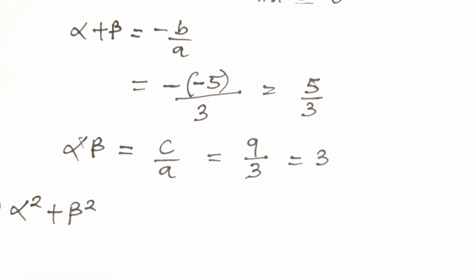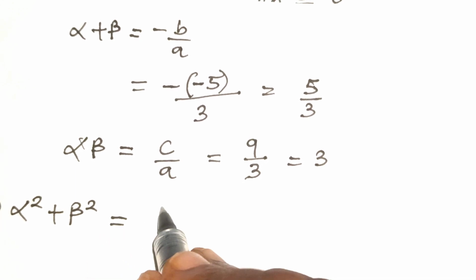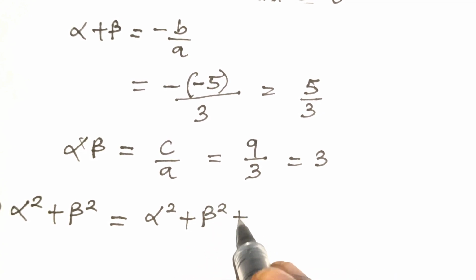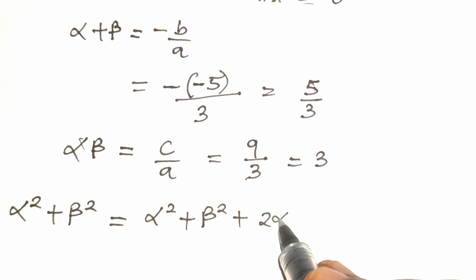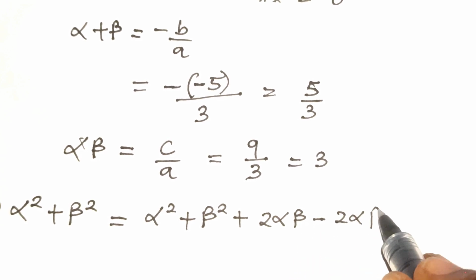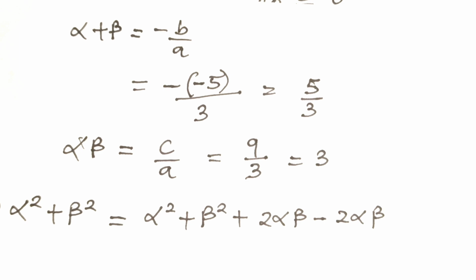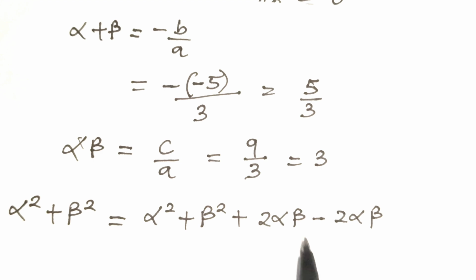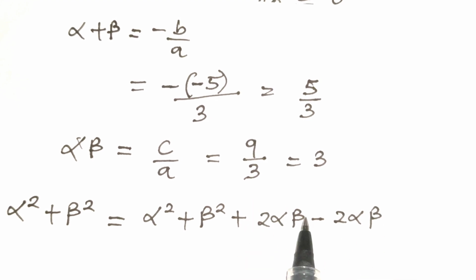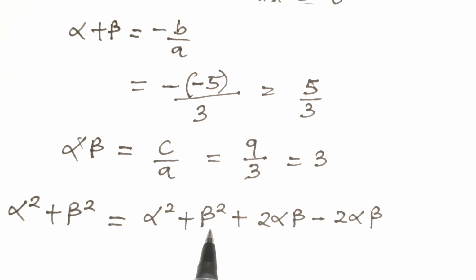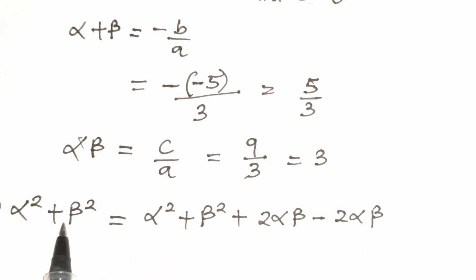Alpha squared plus beta squared can be written as alpha squared plus beta squared plus 2 alpha beta minus 2 alpha beta. You see, I haven't changed anything here. I just added 0. 2 alpha beta minus 2 alpha beta is 0.